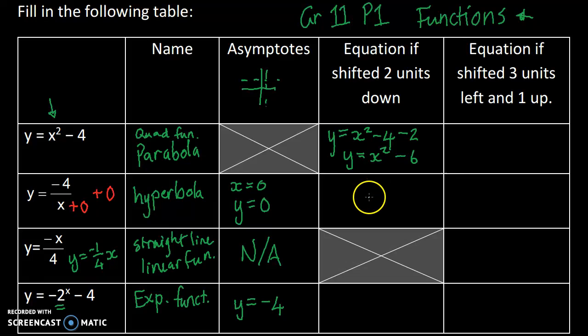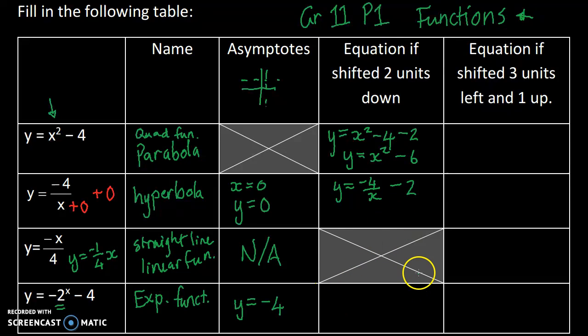It's not bad. The next one, y is equals to negative 4 over x. In order to move it down, we're just subtracting 2. There we go, we don't even have to calculate anything further.